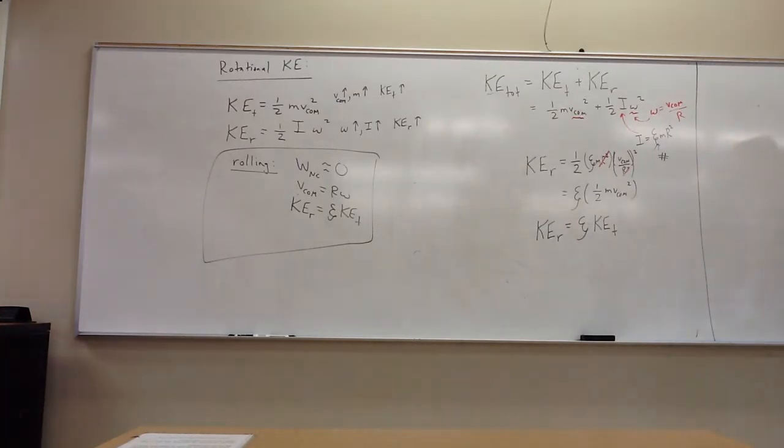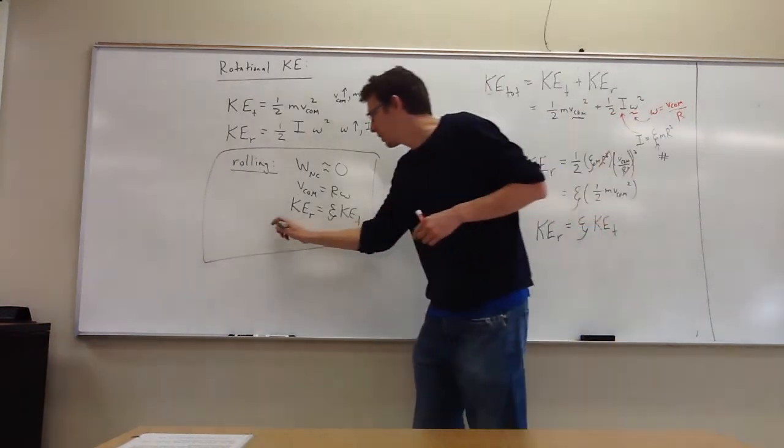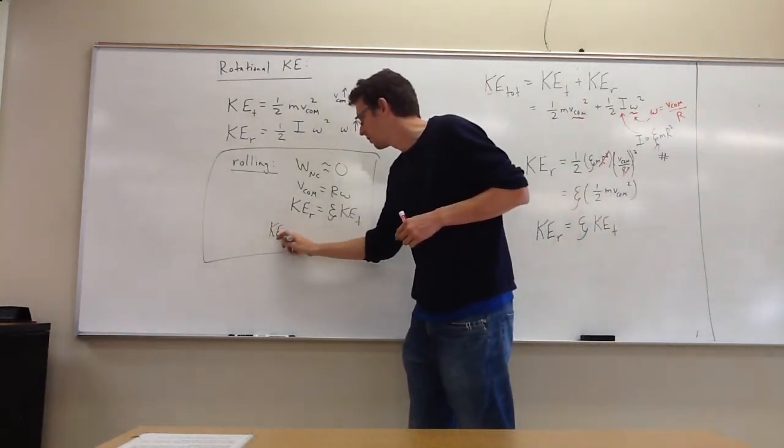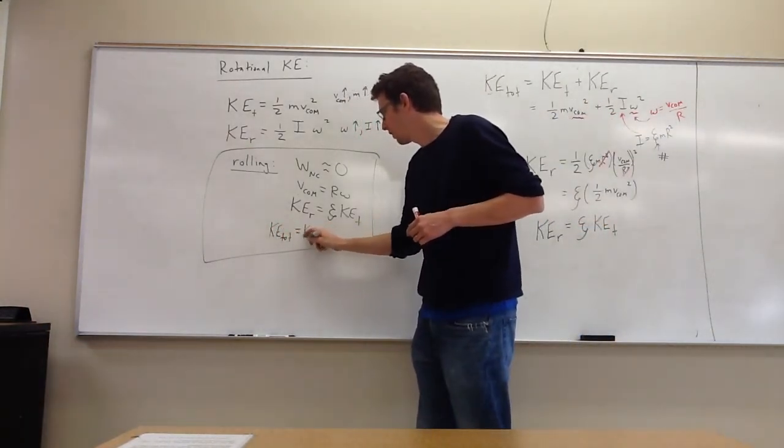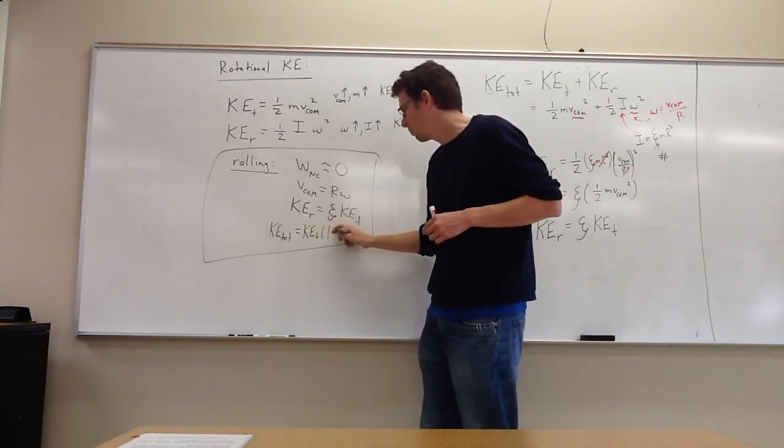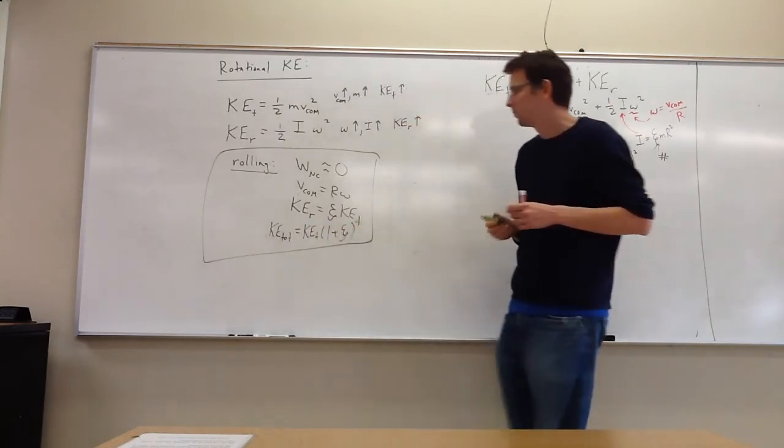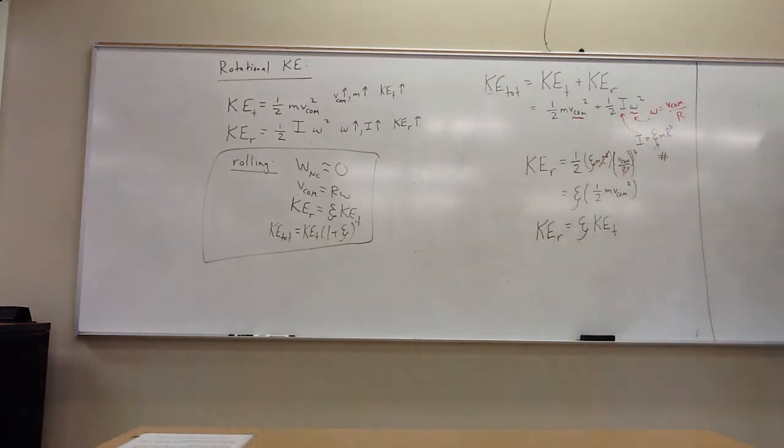And going along with that, of course, if you wanted an expression for the total kinetic energy, that's going to be your translational times 1 plus squiggle. So the 1 takes care of the translational kinetic energy, and the squiggle takes care of your rotational. Is that okay?